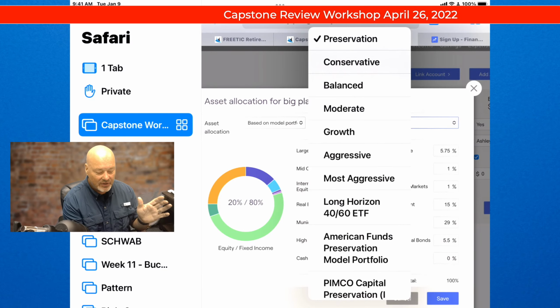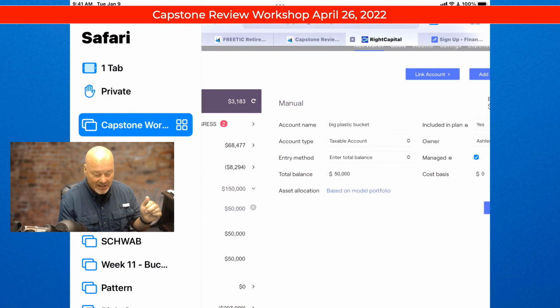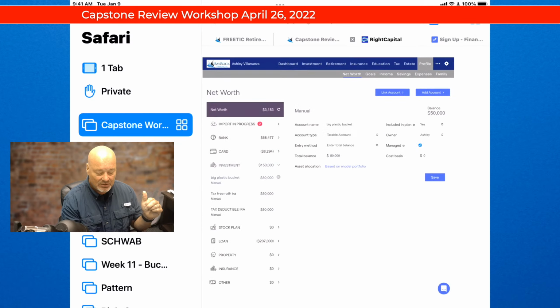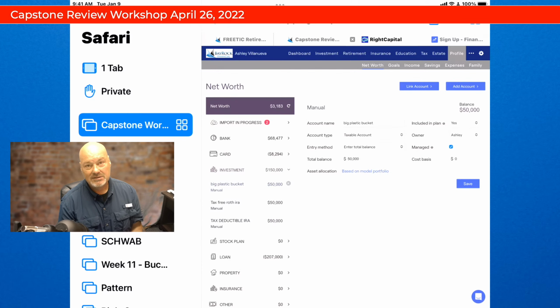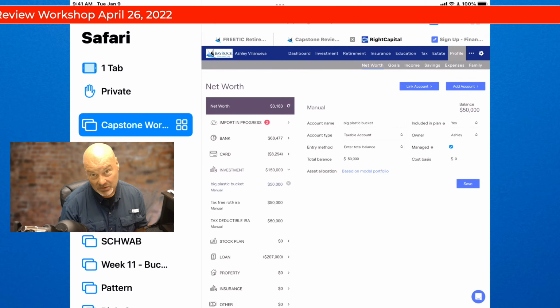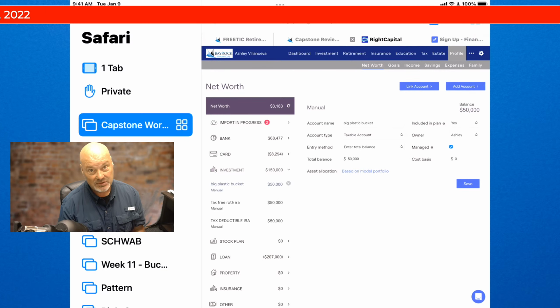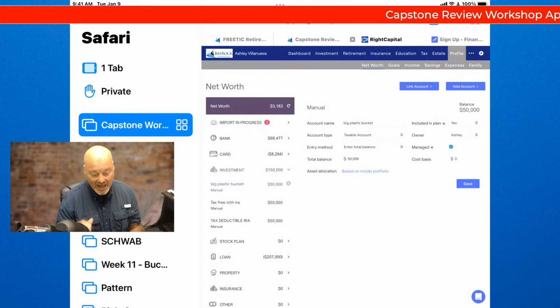Currently you have preservation, which is basically like putting cash under your mattress. It's the most conservative, which means you're going to have no growth in terms of the stock market opportunities you would have. So that's how you change your asset allocation.